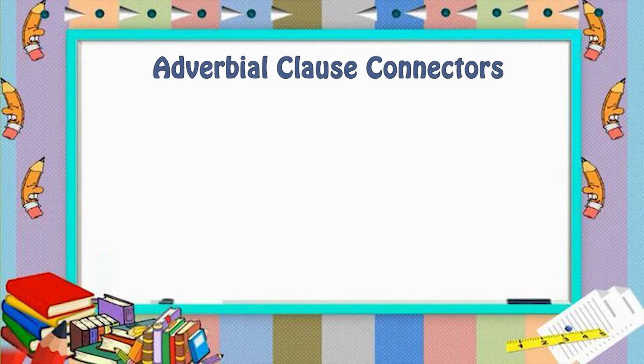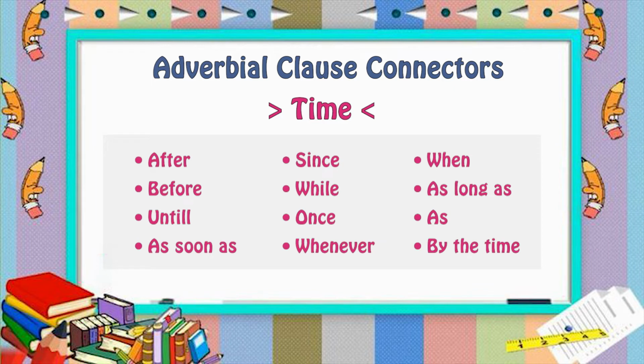Let's see the list of adverbial clause connectors. Adverbial clause connectors of time: after, before, until, as soon as, since, while, once, whenever, when, as long as, by the time.